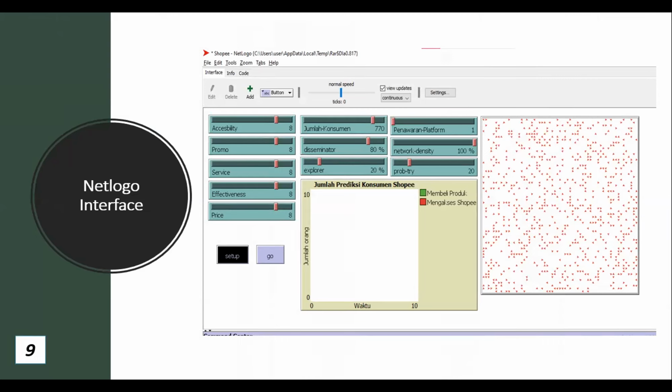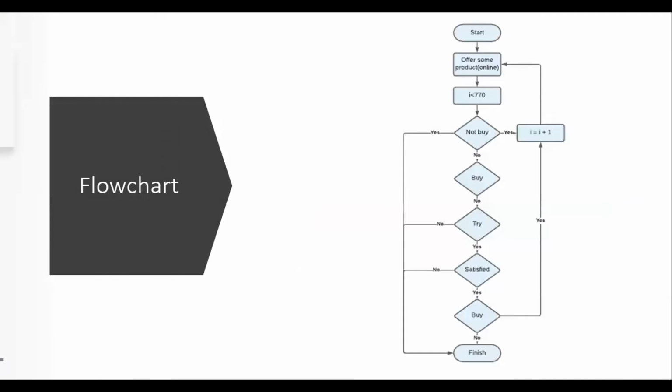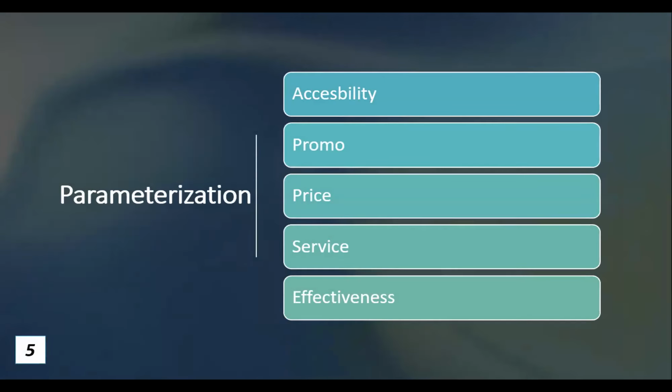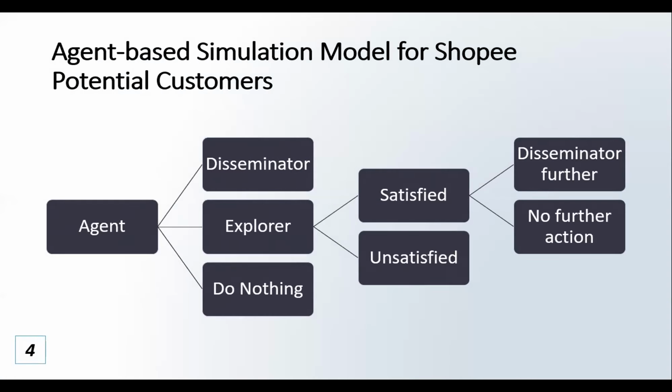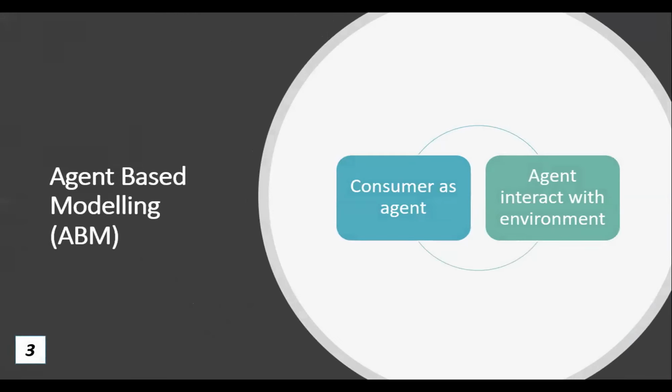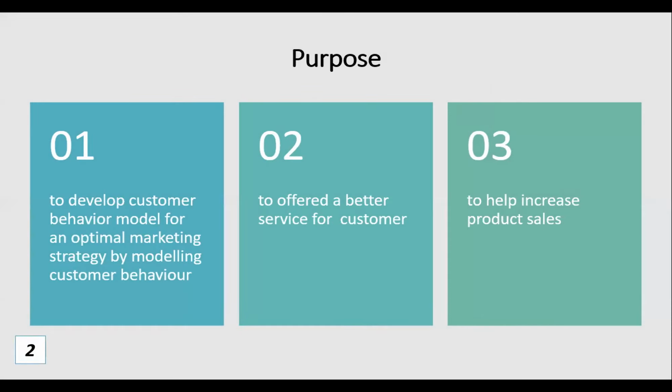Please move on, retrograding to slide number 1, one by one. Okay. 6. This is 6. And then 5, I guess. Okay. Agent-based simulation. Okay. This is 4, and then 3, and then 2, and then the title slide, I guess. Oh, the content. Okay.